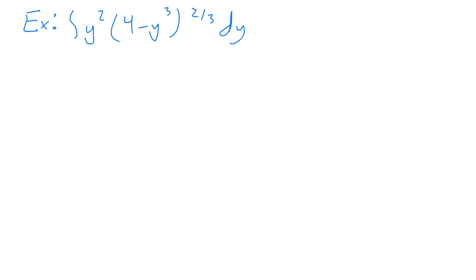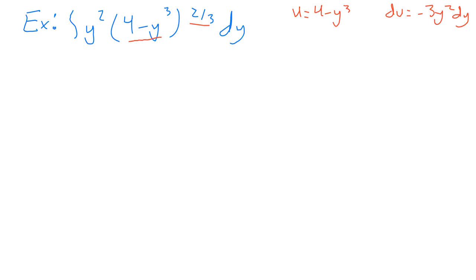All right, so now let's see what we have in here. We have a composite function, we have our inner, and we have our outer. If we let our inner function be equal to 4 minus y cubed, then if we take our du, we're going to get negative 3y squared dy.